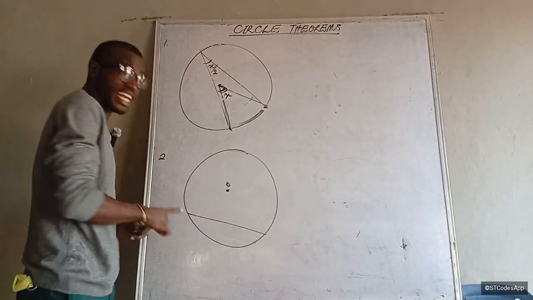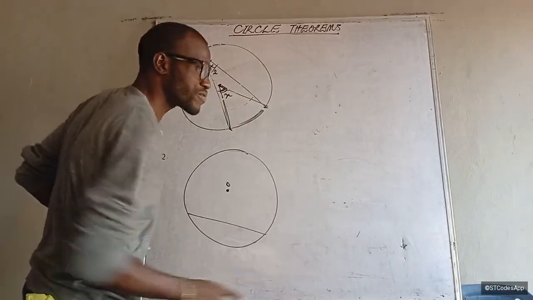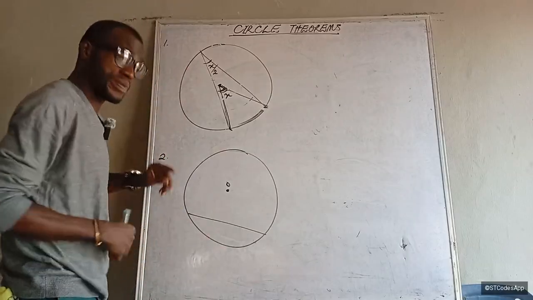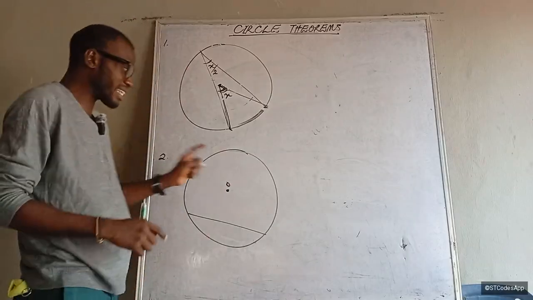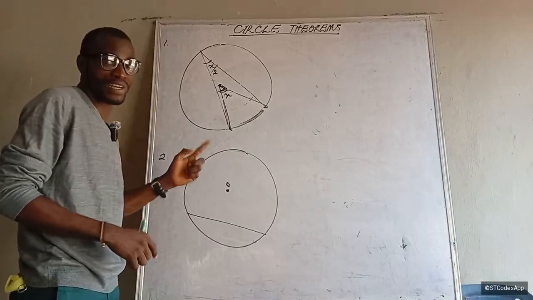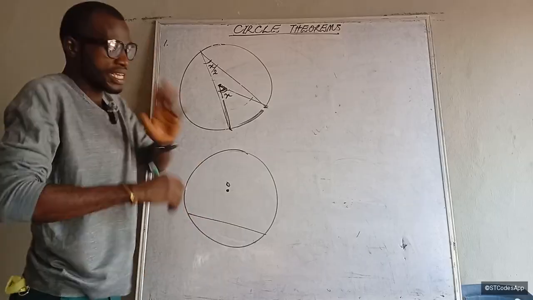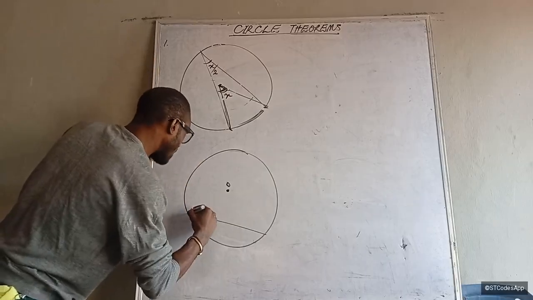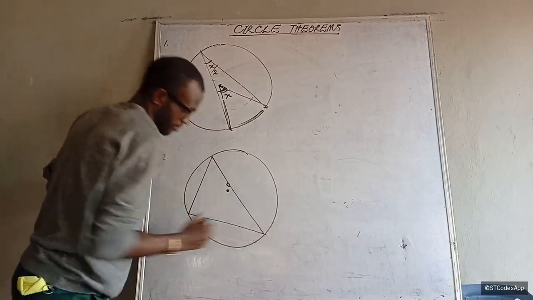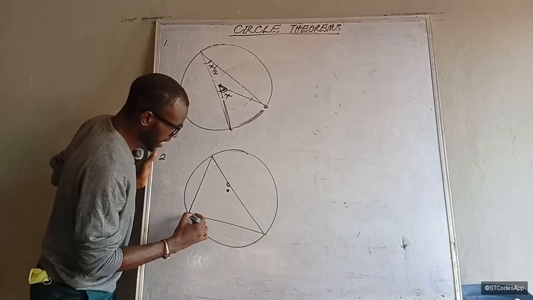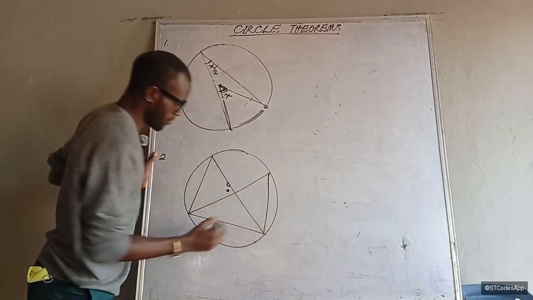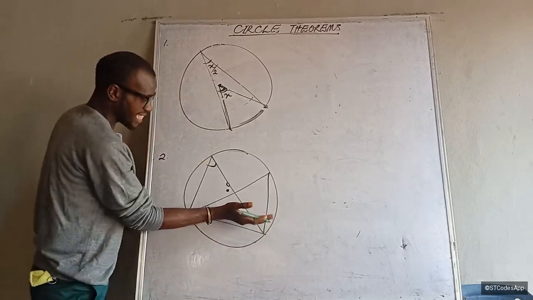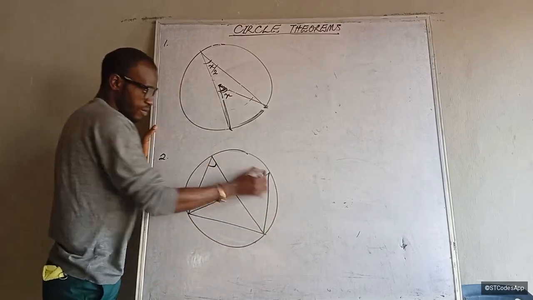Now, angles that are subtended at the circumference in the same segment will be equal. I repeat, angles that are subtended at the circumference in the same segment are equal. Meaning that if I subtend an angle at this end here, and I subtend another angle at this end here, these angles are subtended in the same segment at the circumference.